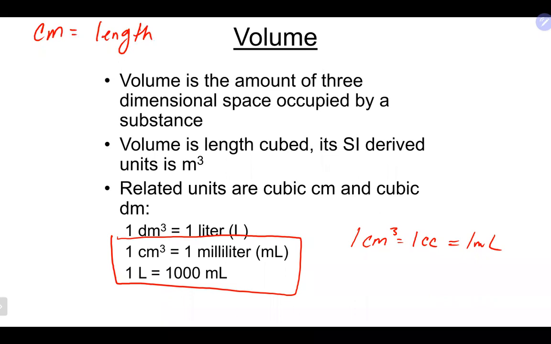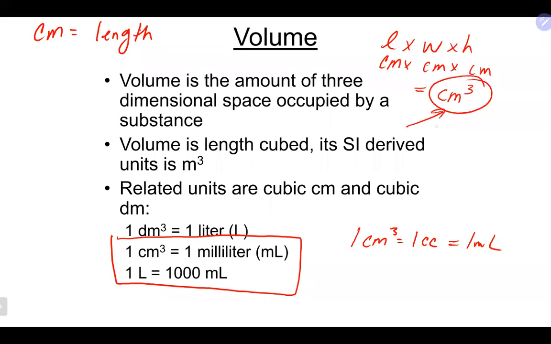But when we take 3 length measurements together, especially in a cube, like the length times the width times the height or the thickness, and you measure each of these in centimeters, you get centimeters times centimeters times centimeters, which gives us cubic centimeters, which is a volume. So basically, if you take any length measurement cubed, it will give you the volume of the object.